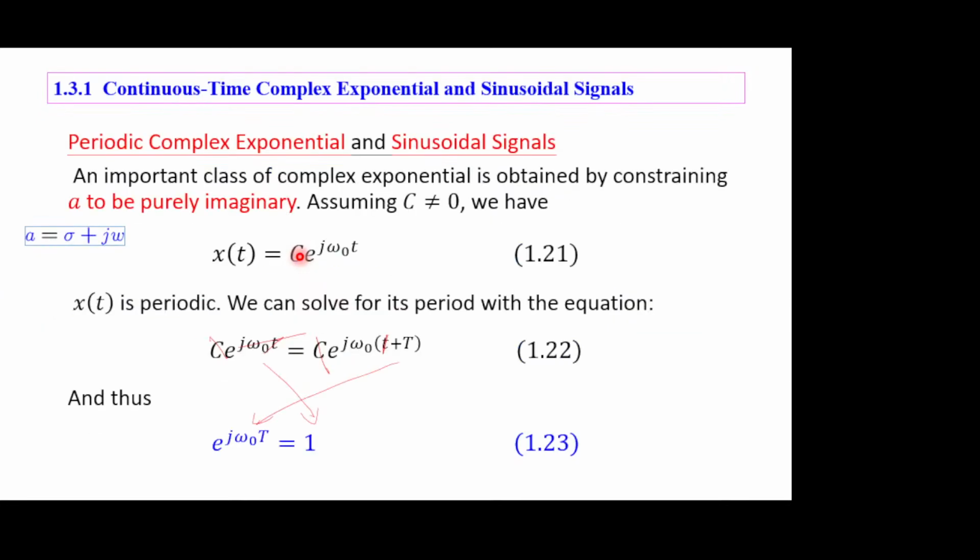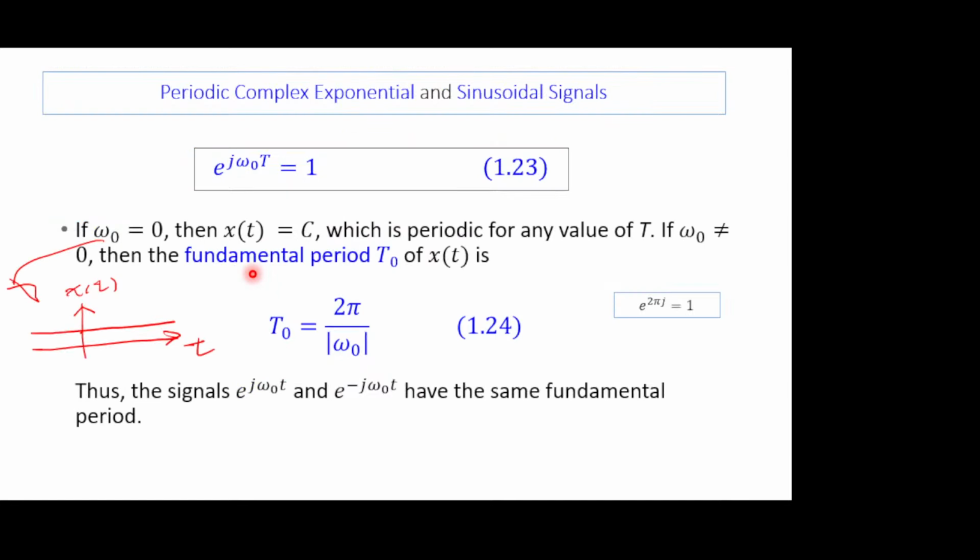then we look back at our signal like this. Then with omega 0 equal to 0, the exponent here is just 0, and e to the 0 is just equal to 1. So your x of t is just equal to c. And there is a constant function that looks like this.